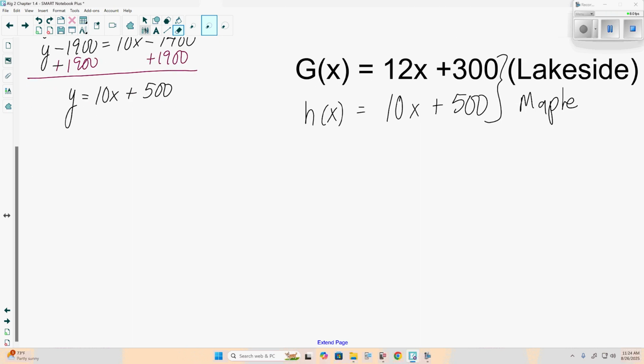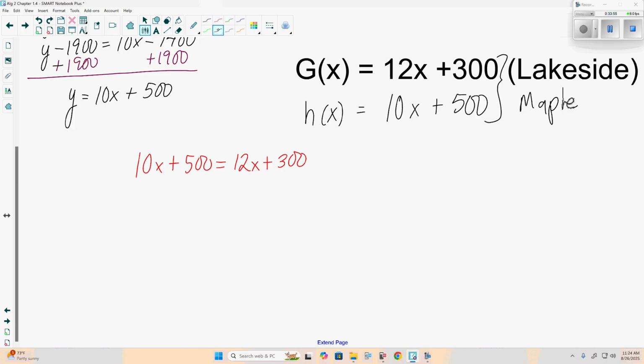So what we can do is take Maple's equation, 10x plus 500, and set it equal to 12x plus 300. Because once we solve this equation, we find the value of x that makes them the same. We know that anything more than that amount, Maple's going to be cheaper.